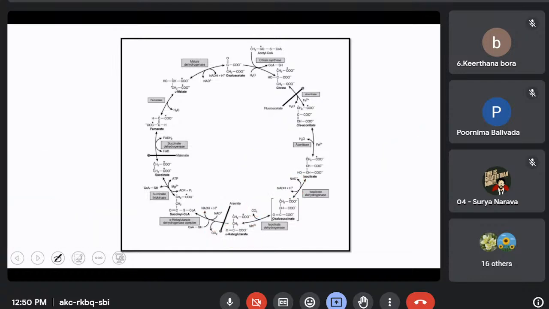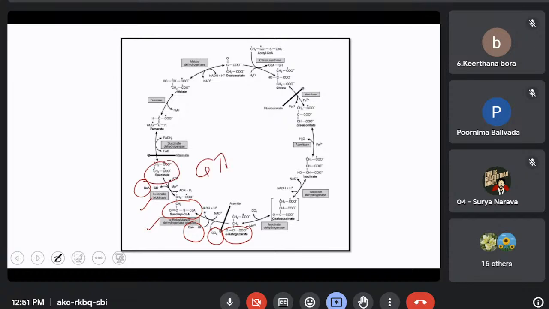During this, coenzyme A is added, so that alpha ketoglutaric acid, after the removal of carbon dioxide and hydrogen by the alpha ketoglutarate dehydrogenase complex, is converted into succinyl coenzyme A. And the succinyl coenzyme A now undergoes substrate level phosphorylation in the presence of succinate thiokinase, where coenzyme A is removed and it is converted into succinic acid.